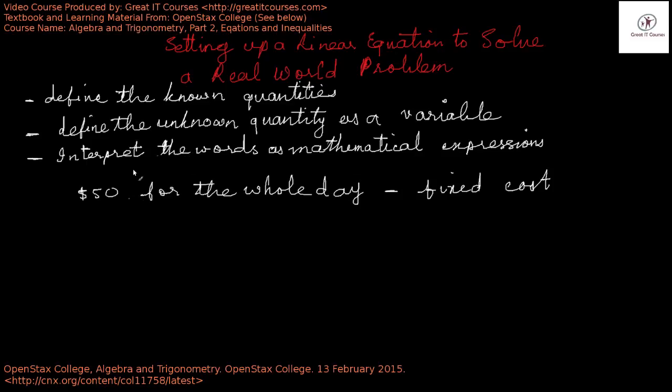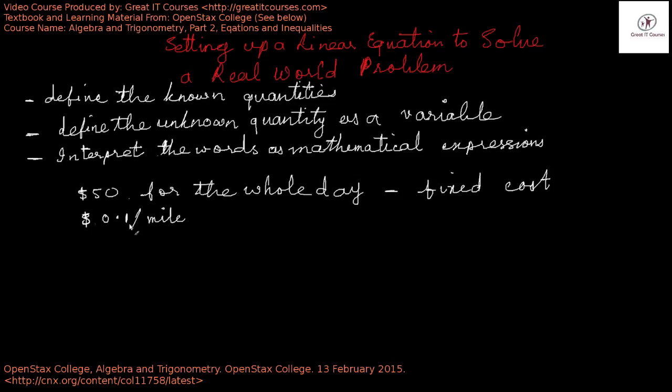The car agency also tells you that we are going to charge you 10 cents. Let's write 10 cents as $0.1. So we're going to charge you 10 cents for every mile driven.